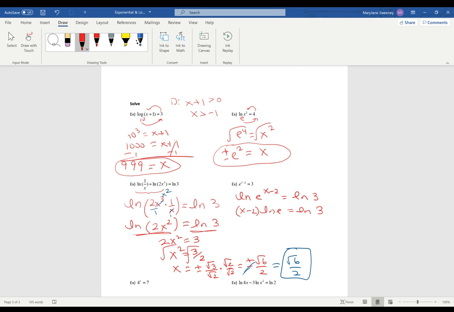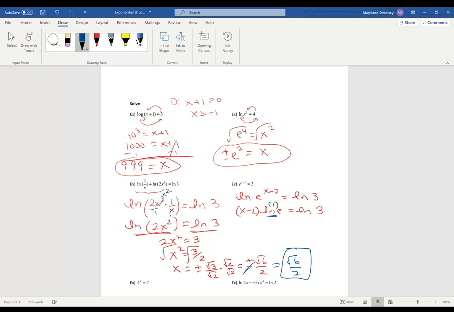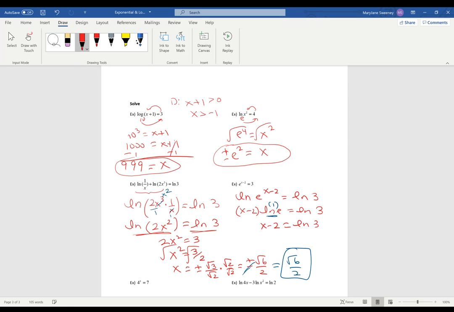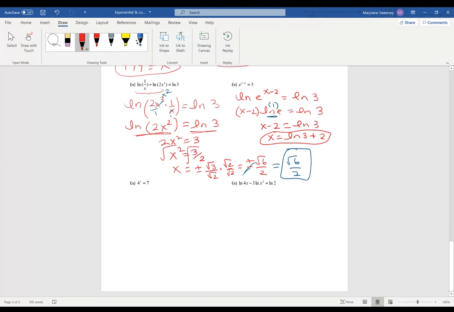Ln e, remember, is 1. So this is just 1. So then I really just have on the left-hand side x minus 2 equals ln 3. So x is ln 3 plus 2. Exponential functions, remember, the domain is all reals, so you're not going to have to ever worry about rejecting anything.